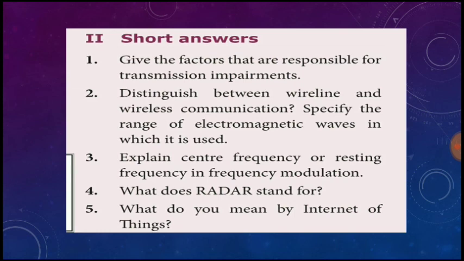This is the second question: the difference between mobile communications, wireline and wireless communication. And the third one is explain the center frequency or resting frequency, 2 mark. And what does radar stand for? That is radio detection and ranging. And what do you mean by Internet of Things? These are the 5 questions.